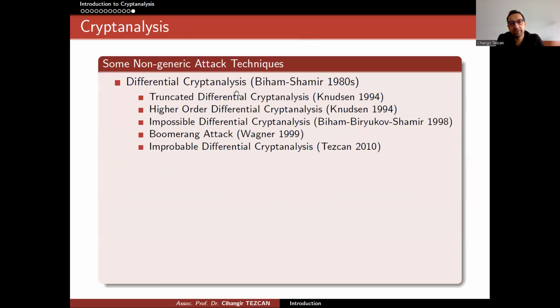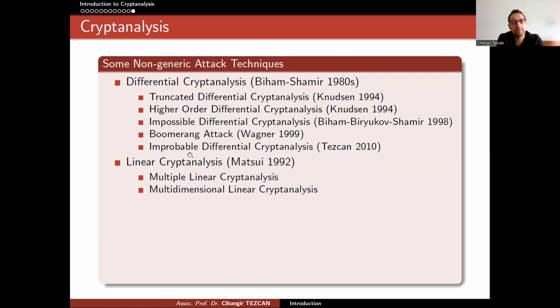Differential cryptanalysis is one of the first and most famous ones. It was introduced academically by Biham and Shamir in the 1980s, but we know that secret agencies knew it since the Second World War. Some Japanese documents show that the Japanese knew this technique since the Second World War.